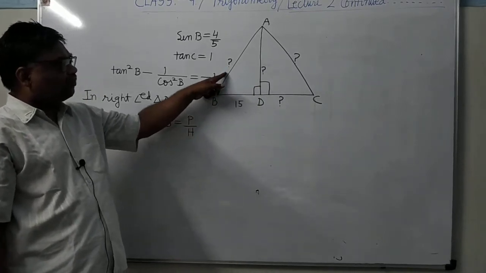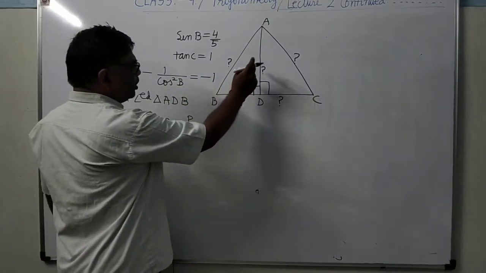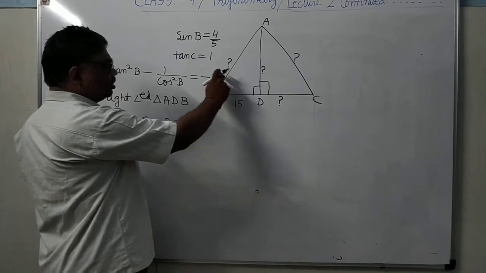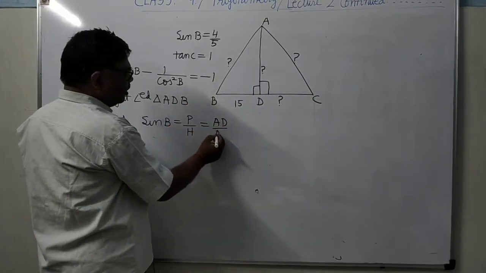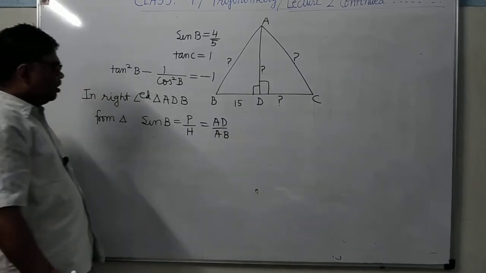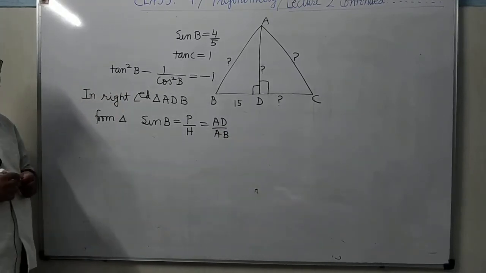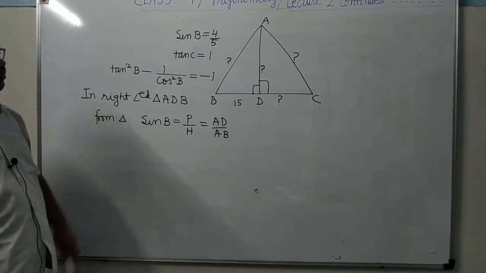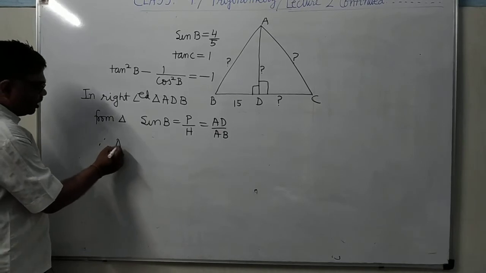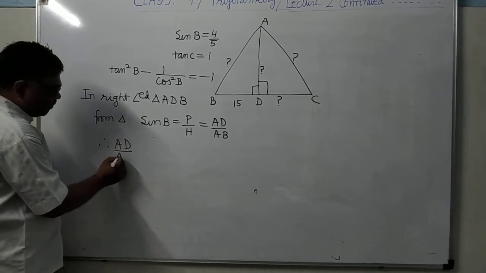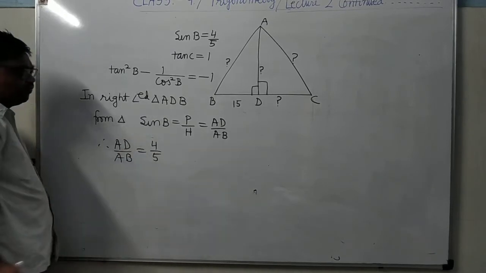Hypotenuse is in front of 90 degree, that is AB. So it is AD upon AB. From the triangle you have found sine B is this, but in the question it is given 4 upon 5. Therefore AD upon AB equals 4 upon 5.